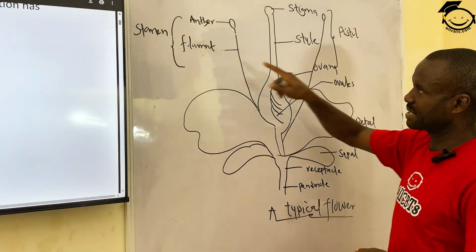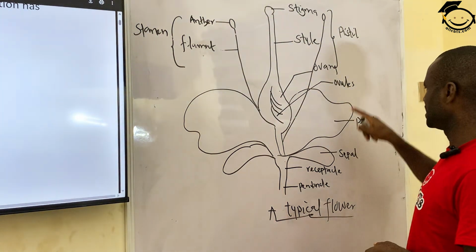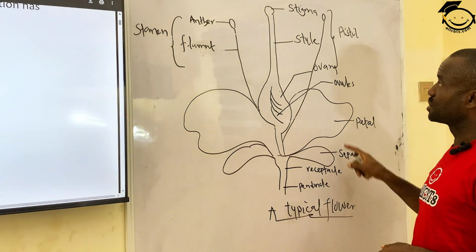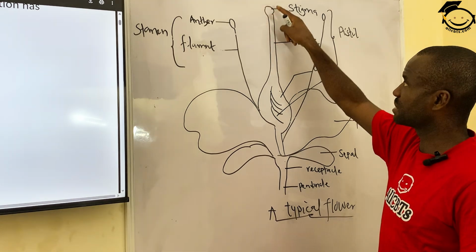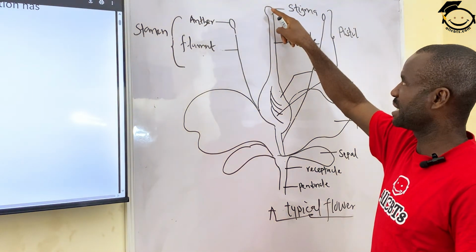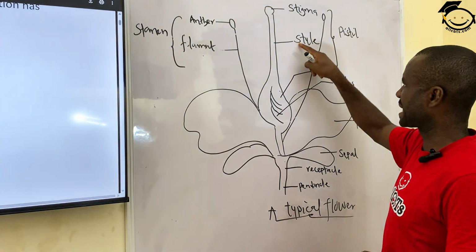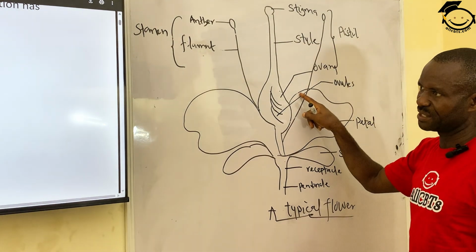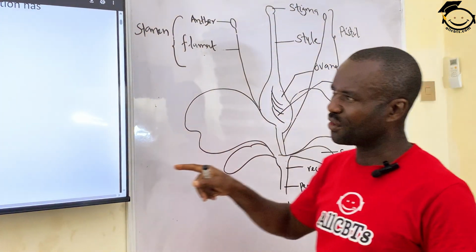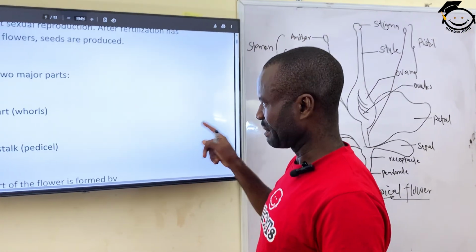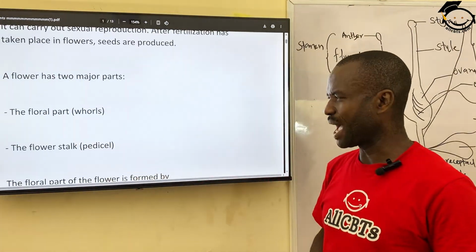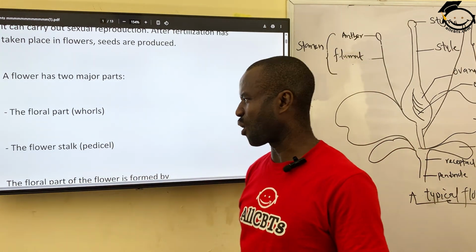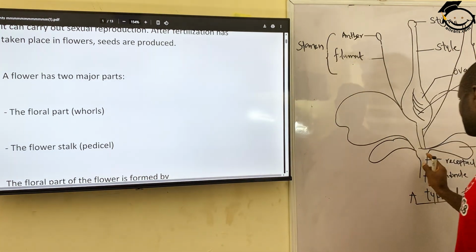So the pistil consists of the stigma, which is the point where the nectar is produced at this tip, the style, and the ovary. So these are all the four floral parts of a flower, otherwise known as the whorls. Then we have what we call the flower stalk or pedicel.